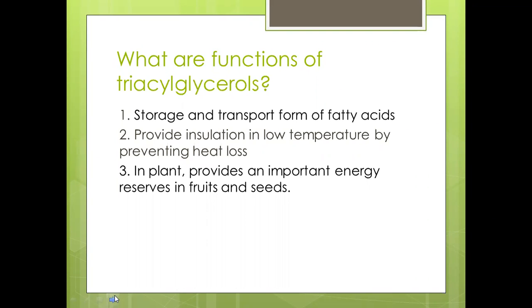It is where our fatty acids are bound to, in fats and in plant and animal samples. Triacylglycerols also provide insulation in low temperature by preventing heat loss. And in plants, it provides an important energy reserve in fruits and in seeds.